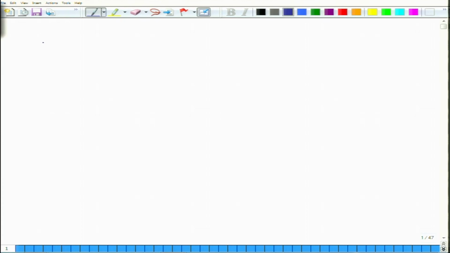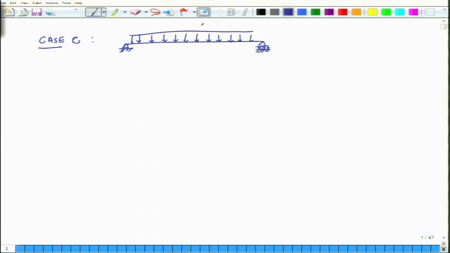Just to very quickly recap, case C was case C. In this we had a beam pinned and fixed at one end, and pinned and sitting on roller bearings at the other end, and then of course, there is a uniformly distributed load on the plate, and this plate is semi-infinite in nature, and the constant load intensity was Q, which is a constant.